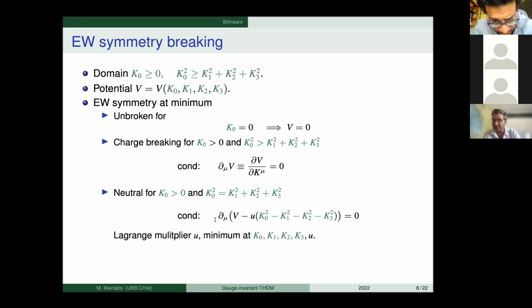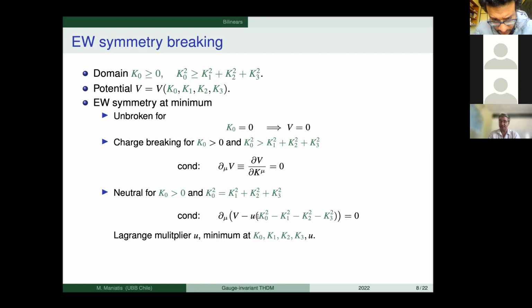Not shown in every detail here, but believe me, I can also explain it to you, but I want to focus on another aspect. So just these different cases can be easily distinguished. And the condition here to find this minimum from the potential is a vanishing gradient, where we have to take into account the forward light cone for the surface condition, for the surface K0 squared equals this.